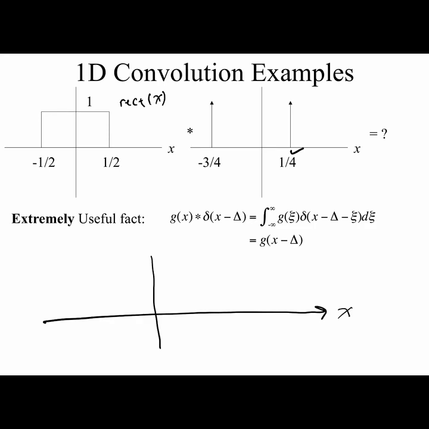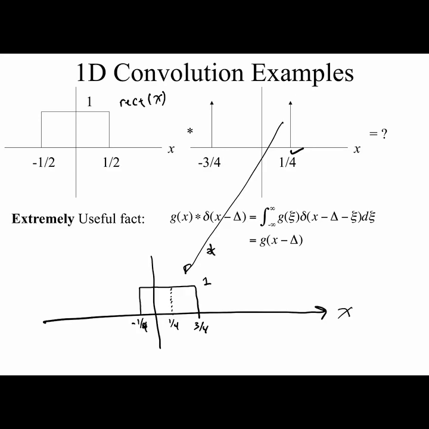Okay, so then it's going to give me this, right? Minus a quarter, 3/4, and the value is 1, and the center is at 1/4, right? Okay, so that's what happens when I convolve with that Dirac delta function.